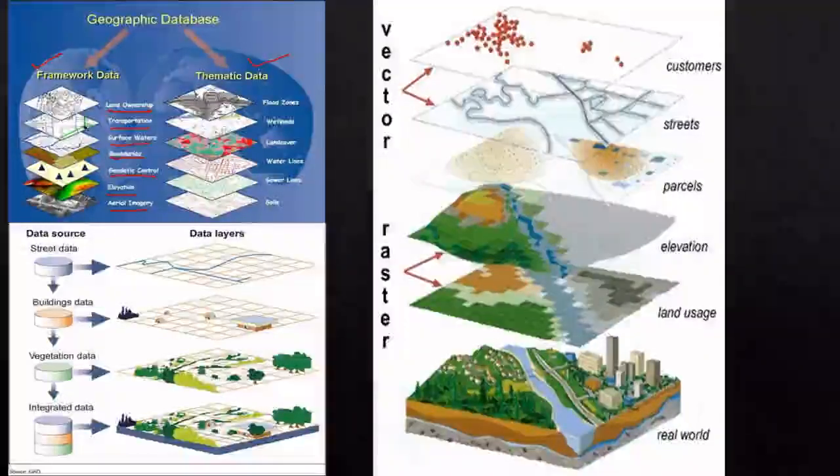And when coming to thematic data, you can see here it is classified into different zones like flood zones. So here the theme is flood. Then you can see wetlands. Okay. So each theme is represented by different colors.